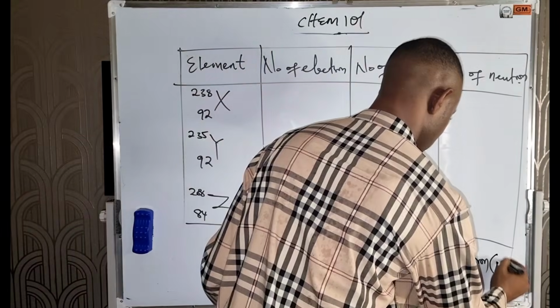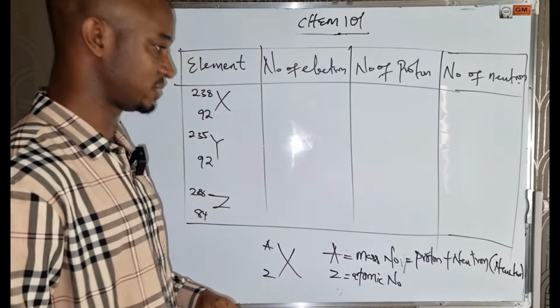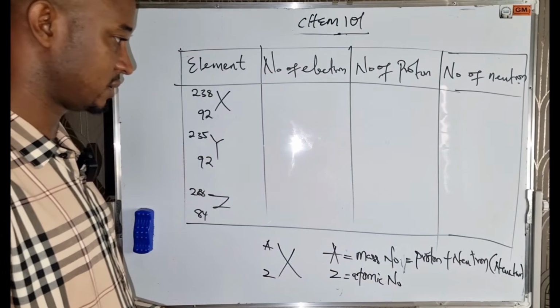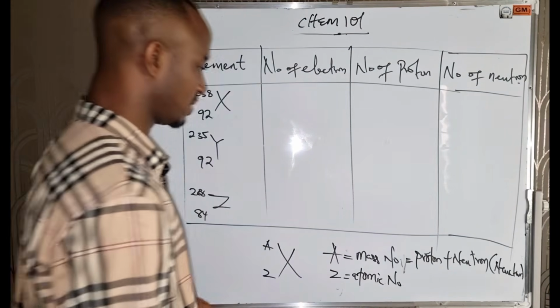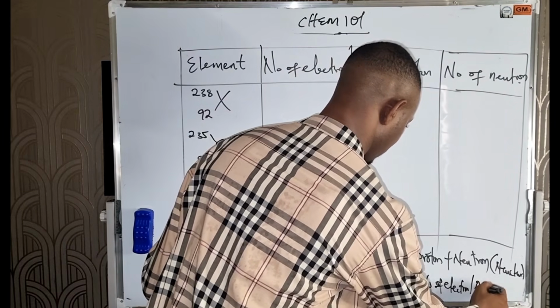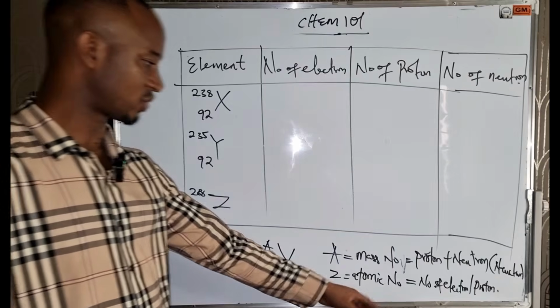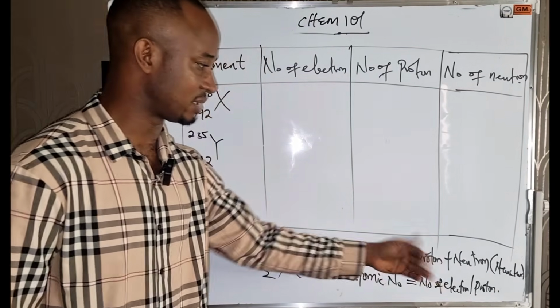We call this the nucleon number. The atomic number is the same as the number of electrons and also the number of protons.